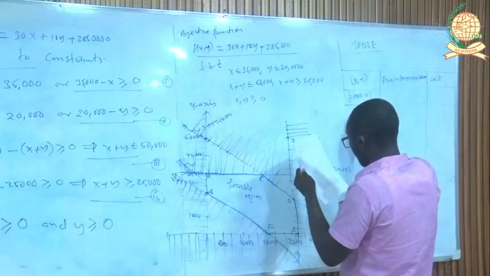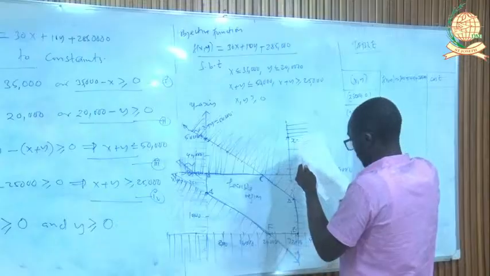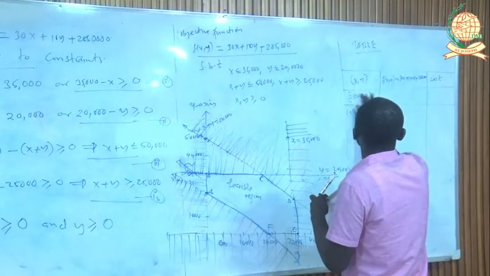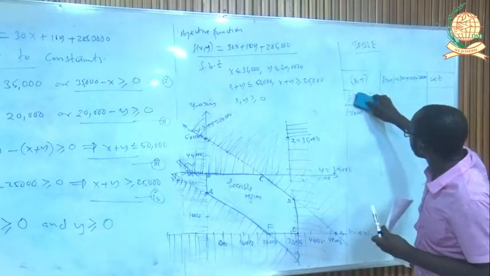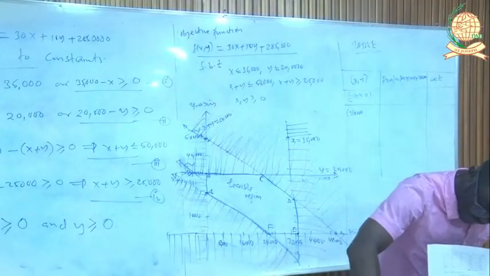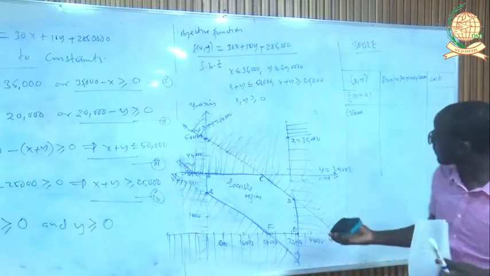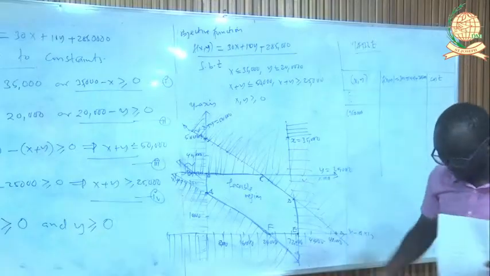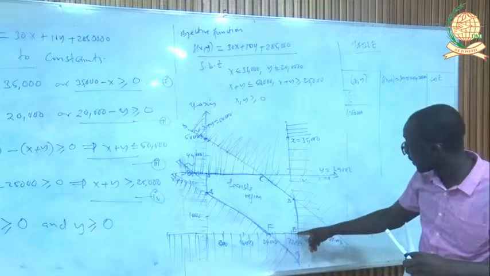25,000. We have 35,000, comma 0. No. From this line here, this is the value of x, the y is 0.